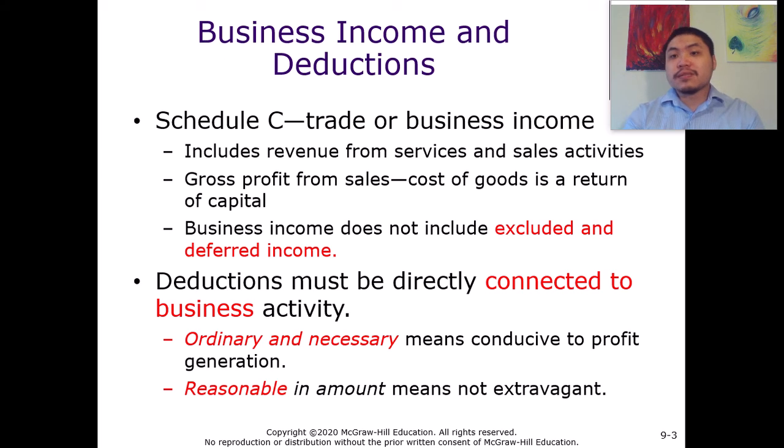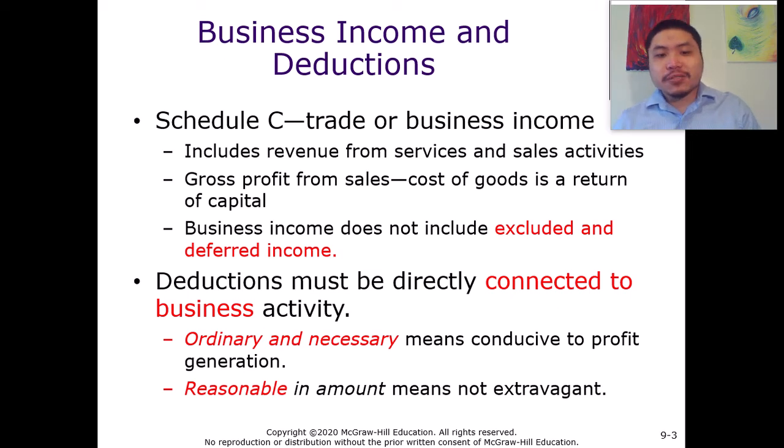So basically, the definition of gross business income is similar to the definition of individual income. It's going to include every source of income that the business generates, except for excluded and deferred income, right? So the definition of business income is pretty straightforward and similar to the definition of income for individuals, right?